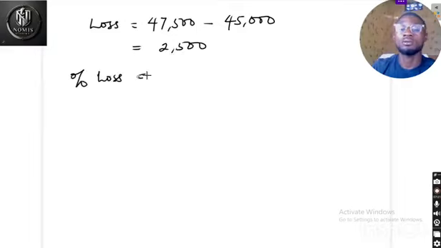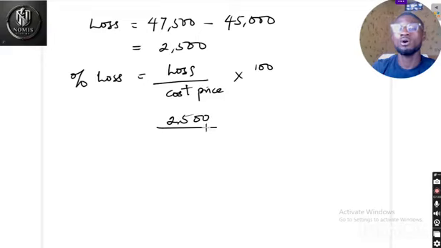Now that we know the loss, we can calculate the loss percentage. Loss percentage is loss over cost price multiplied by 100. The loss is 2,500 all over the total cost price, 47,500, multiplied by 100.